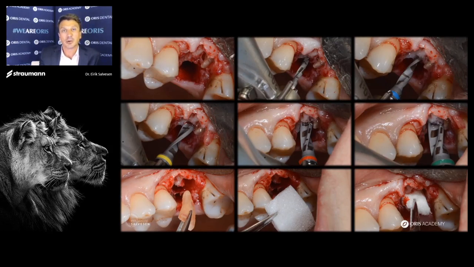But I'm always putting a resorbable collagen sponge, as you see here, just down in the osteotomy. So I'm pushing this small pillow up towards the sinus, protecting the membrane.